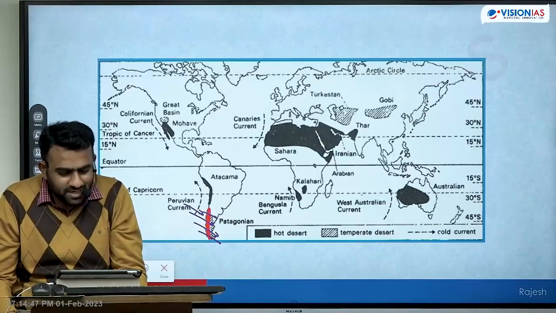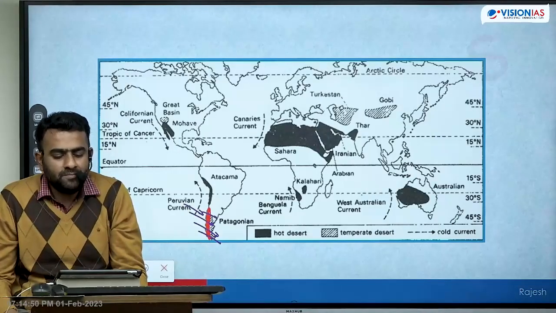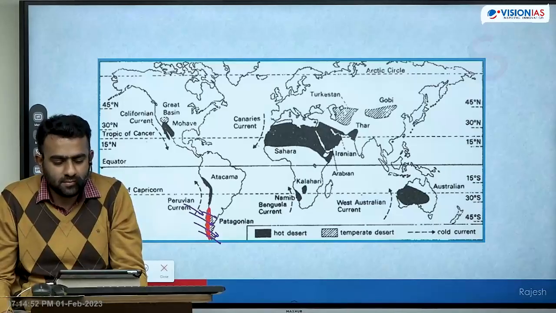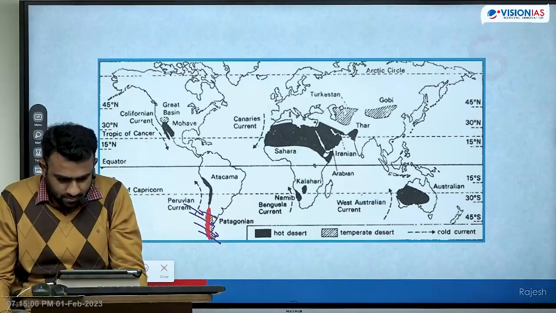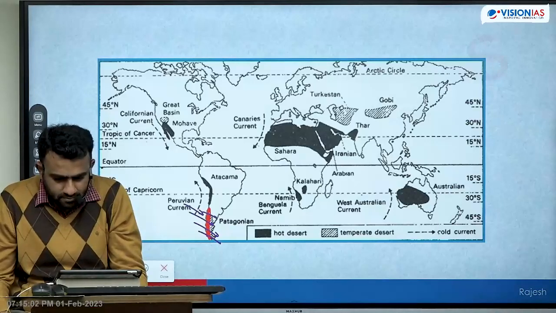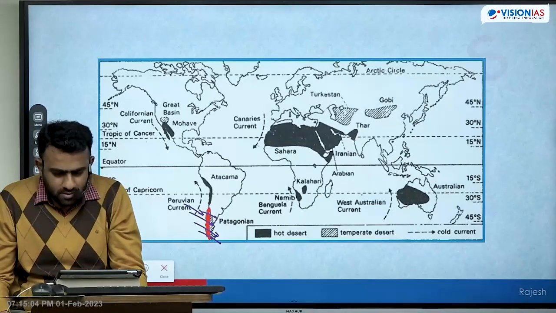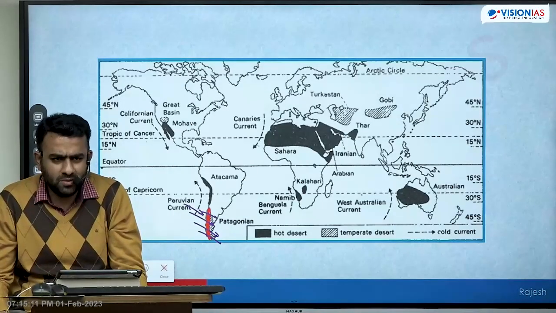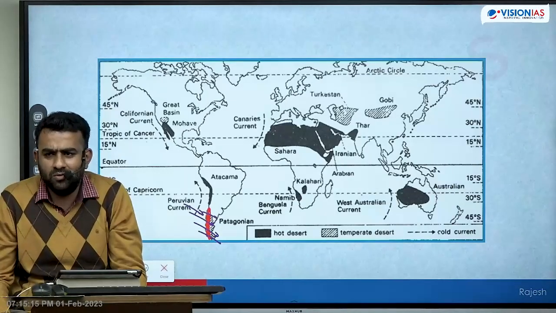The precipitation is very less, less than 25 centimeters per annum. And that is how in general deserts are defined. Where there is a desert, there is very little rain. It can be hot or cold.